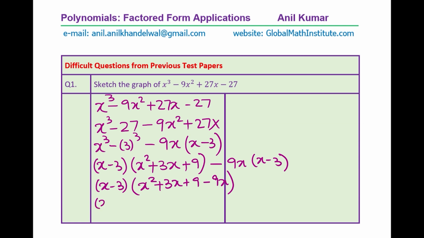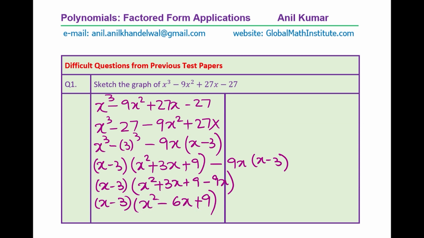Now that can be simplified, and so what do we get? We get x squared, 3x minus 9x is minus 6x. So we get x squared minus 6x plus 9. Can you factor it further? Yes, you can. You can see that this is a perfect square, right?